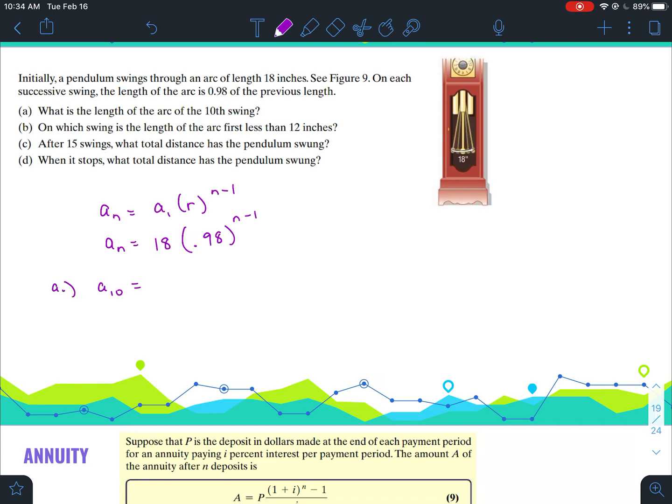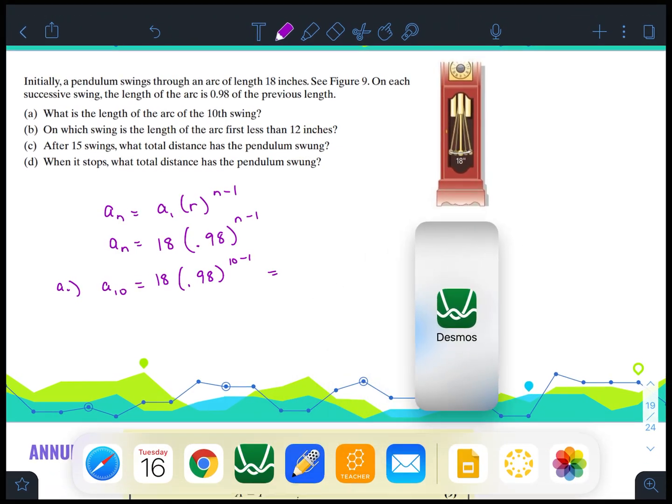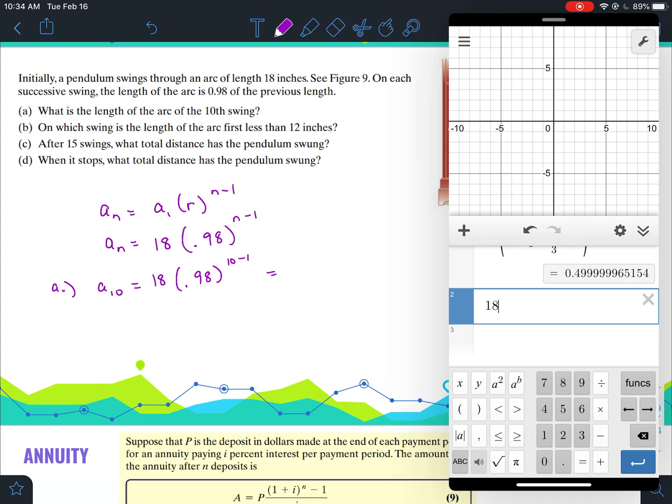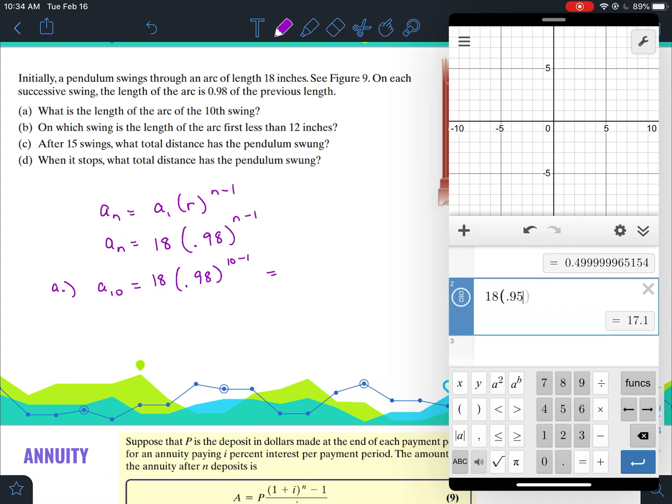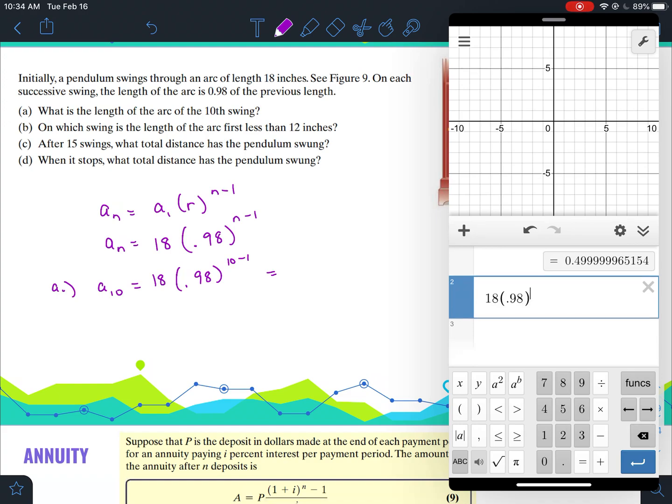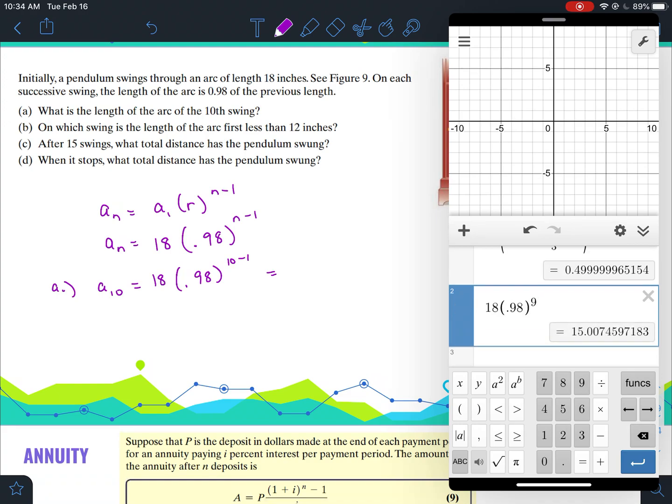So the length of the 10th swing is going to be 18 times 0.98 raised to the 10 minus 1 power. And so now if we go on Desmos and we evaluate this, this would be 18 times 0.98 raised to the 9th power. And so the length of the 10th swing is going to be 15.007 inches.